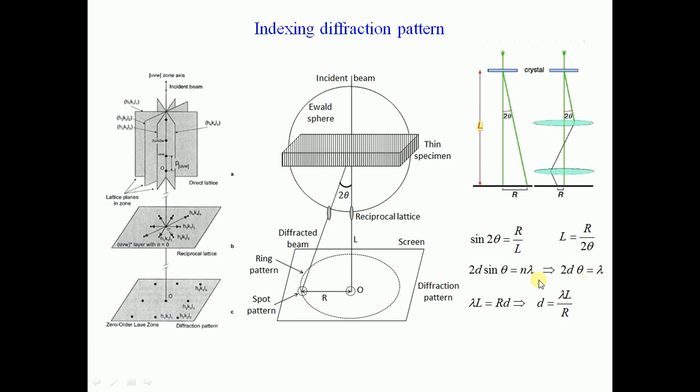This is the reason why you get the ring pattern, because the Ewald sphere is formed in the two-dimensional plane. Therefore you know lambda from the acceleration voltage, you know L, you know R, you can find d. This is the simple way. Just by knowledge of d, you can index it and you can study the diffraction.